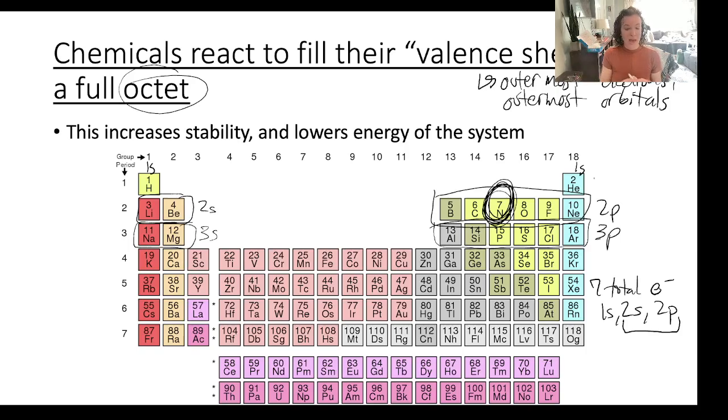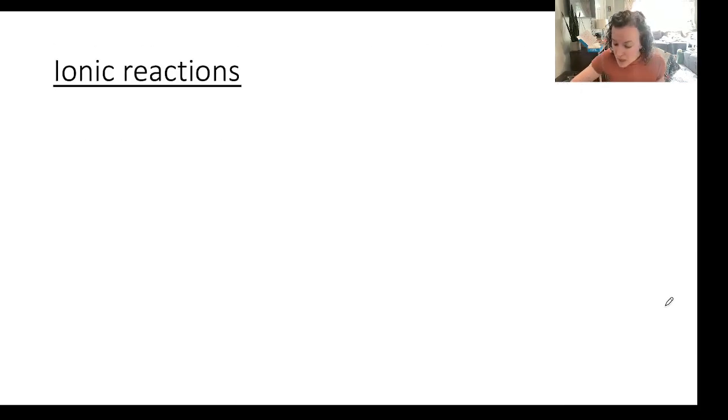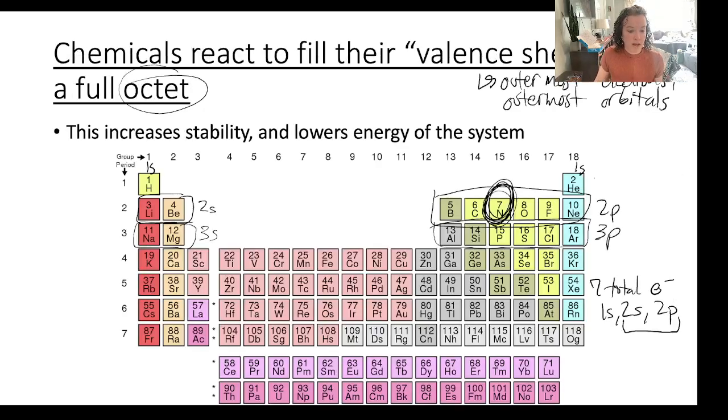Let's start counting at 2s, and to make this a bit more clear, let me erase some of this stuff on my slide, folks. Okay, I think that's probably all I needed to erase to make this more clear for us. So let's start counting from the beginning of the 2s and see how many electrons are in the 2s, 2p outer layer.